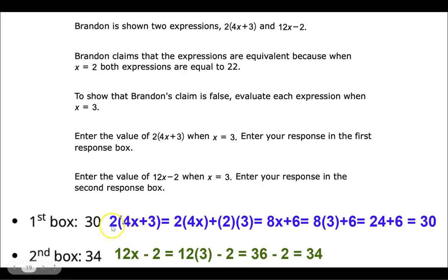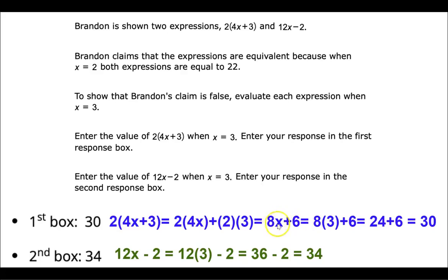Now we do the distributive property, where you have 2 times the 4x, which is listed here, and that 2 is also times the 3, which is listed here. Now we multiply those values together. 2 times 4 is equal to 8, and you attach the x at the end. And 2 times 3 is equal to 6. Thus you have 8x plus 6.